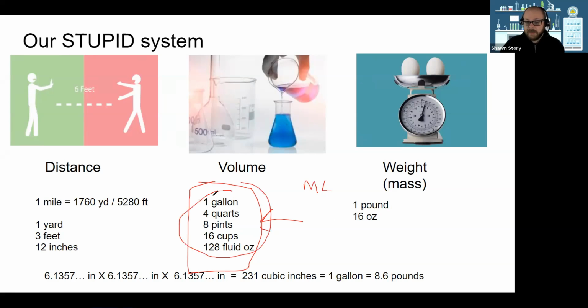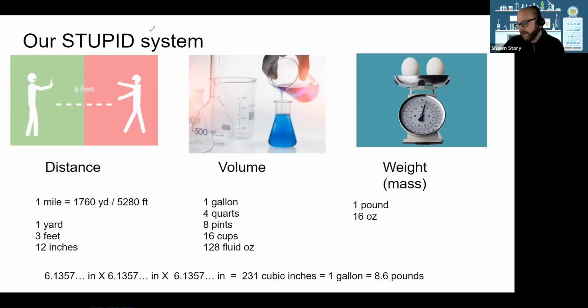But when you get stuff from the kitchen, it'll be a cup of soup or a pint of ice cream or so many fluid ounces of juice, because you'll grab the box of juice and on the side of it, it says 8 fluid ounces, because all of the products made in the United States will be measured using this system. And the products will all say this. So you have to be able to measure these things and then convert them to milliliters for reports. So that's what we're going to practice today.